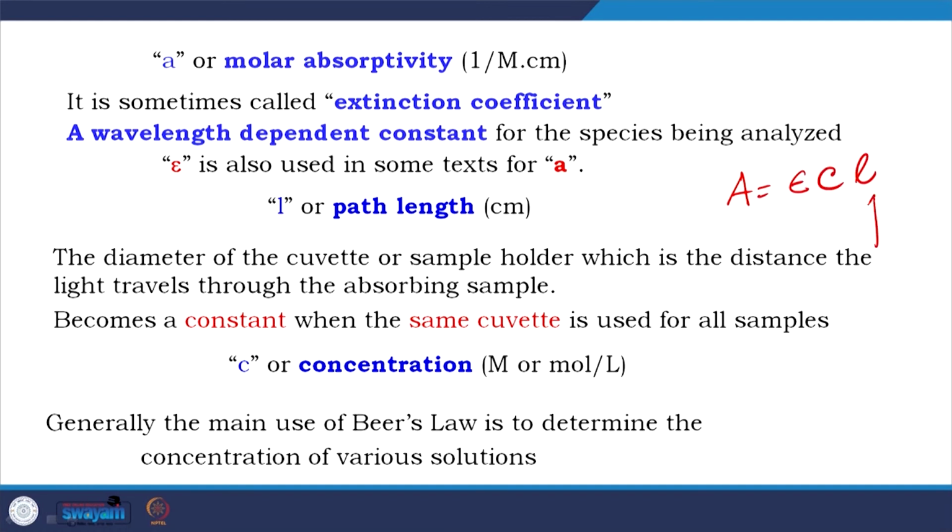So, the path length could be fixed by fixing the cuvette. This is characteristic. So, by measuring absorbance, we could find the concentration.